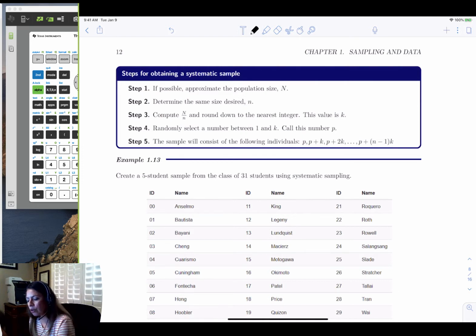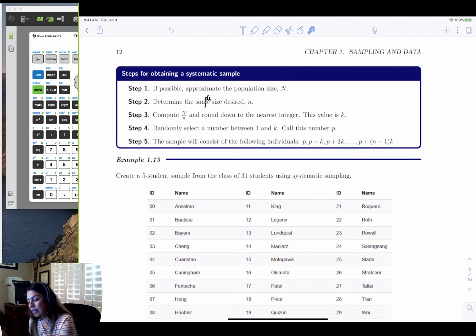So here we're going to approximate the population size. We may not always know the population size, and sometimes we can. Determine the sample size, let's just say little n. And then compute the quotient big N over little n and round down to the nearest integer. This quotient rounded down is going to be called k.